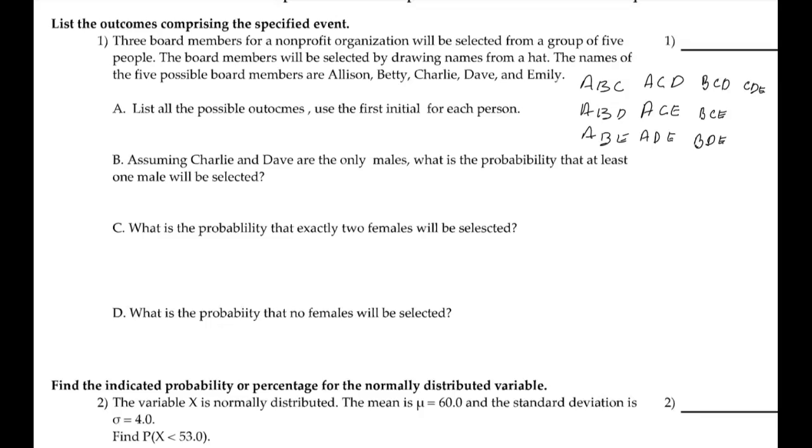And just to help you out here, another quick way to do this is a combination. This is something we talk about. It's on your formula sheet for when you're doing the binomial, which I think is in section 5.3. There is a formula on your formula sheet for the binomial coefficient.